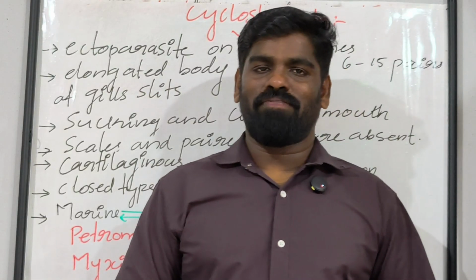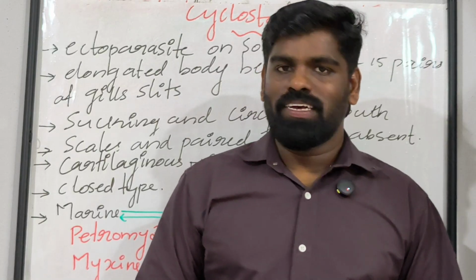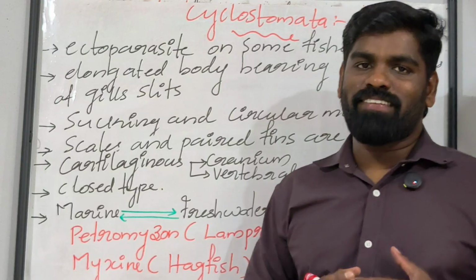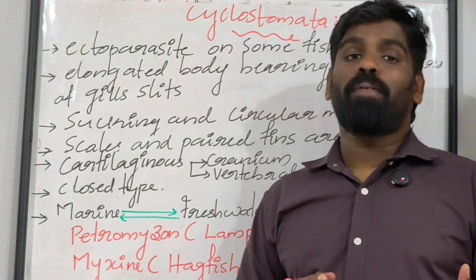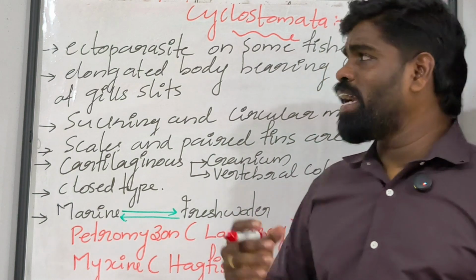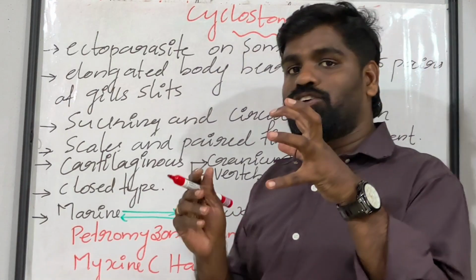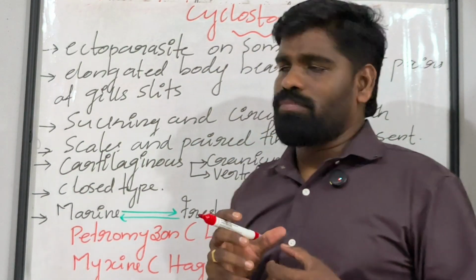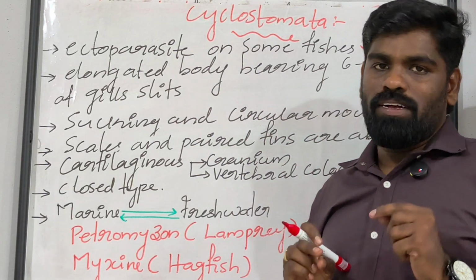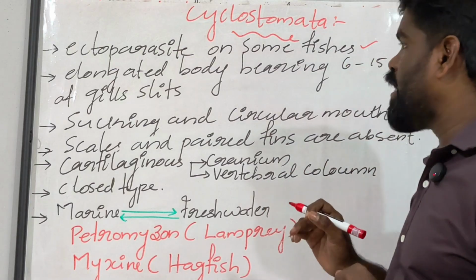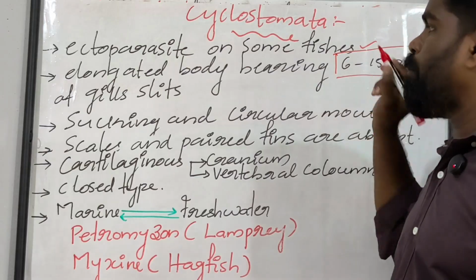Class Cyclostomata is a class of Agnatha. Now, when we talk about the characteristics of class Cyclostomata, this group of organisms are ectoparasites on some fishes. They are attached to the surface of other fishes. Cyclostomes have an elongated body, and this elongated body bears 6 to 15 pairs of gill slits.